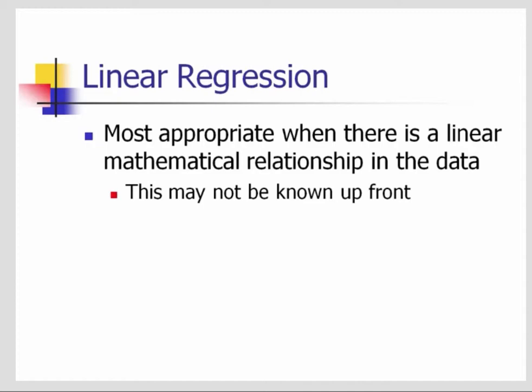Obviously, linear regression is most appropriate when the relationship between the data is linear. In general, the trend in the data would be linear, but this may not be known upfront. So you may use linear regression and find out it's not as appropriate as you thought.